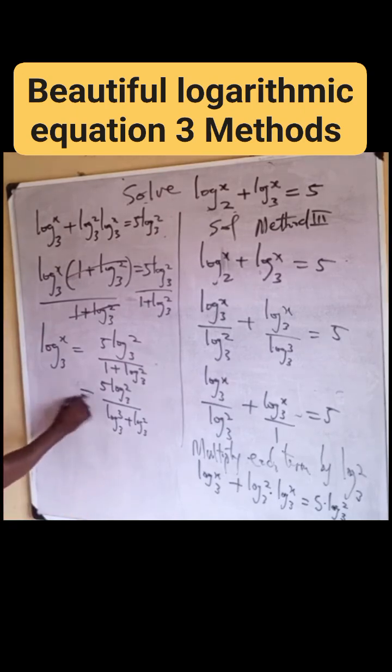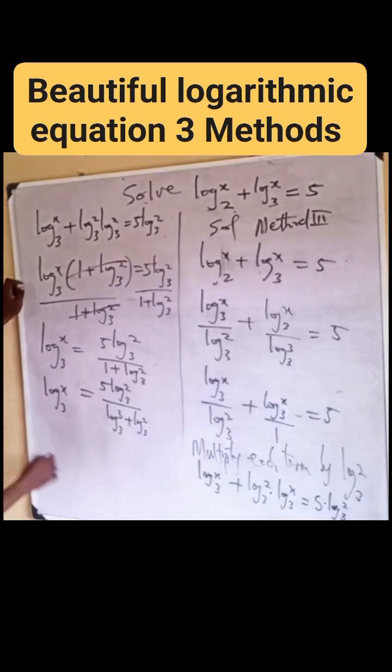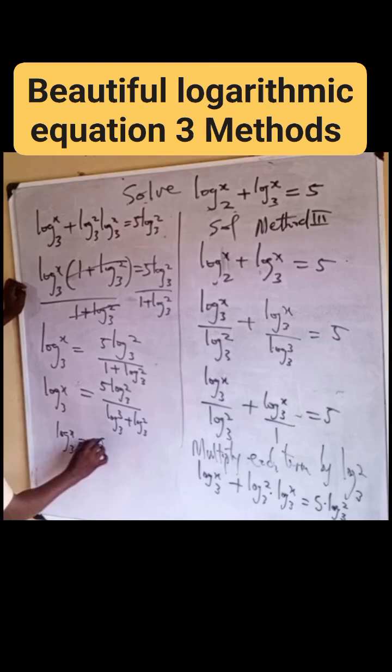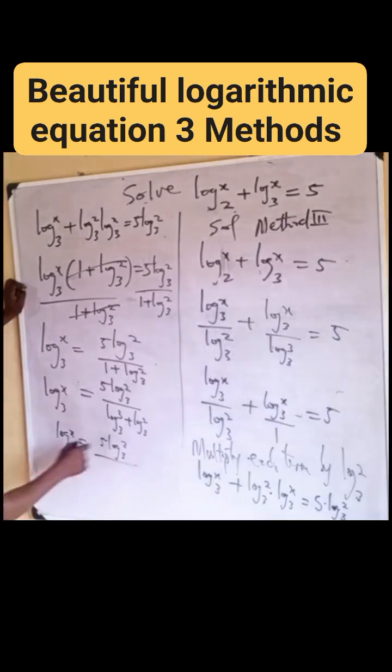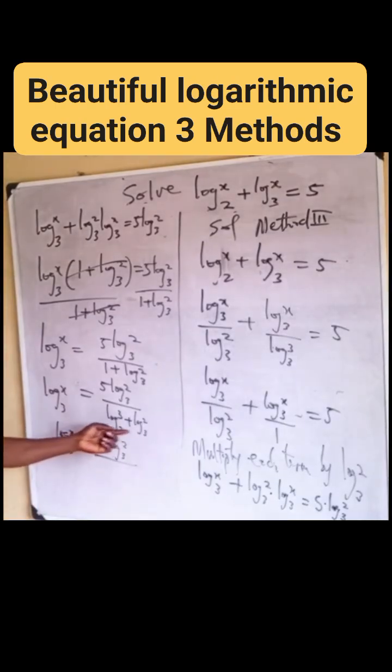So this is equal to log x base 3. Our log x base 3 will now be equal to 5 log 2 base 3 all over. Apply the multiplication law of logarithm here.